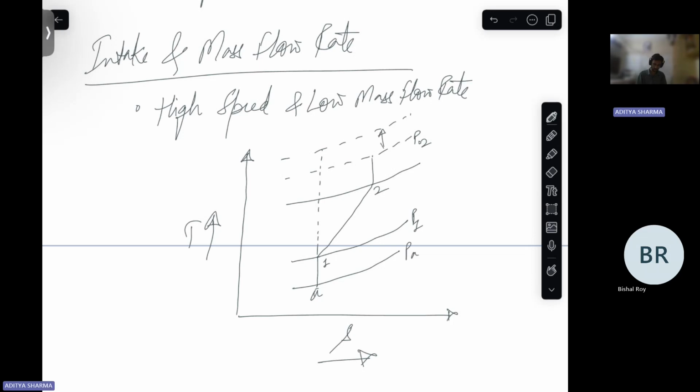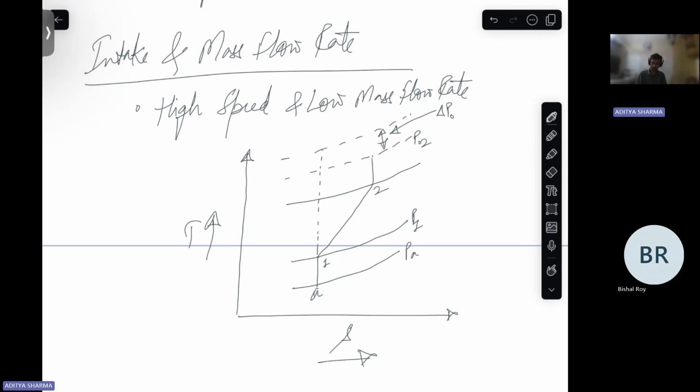This difference basically is the loss in the total pressure while the intake of air is taking place. So this is delta P naught, the intake pressure loss.